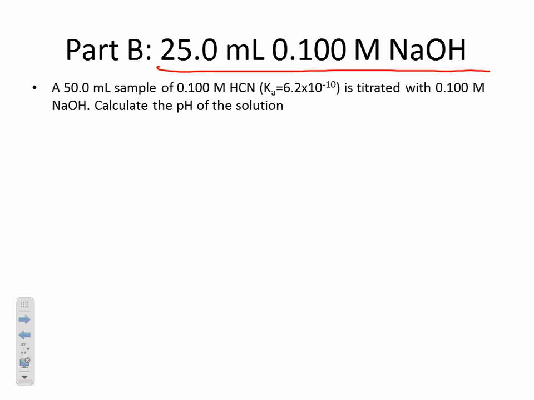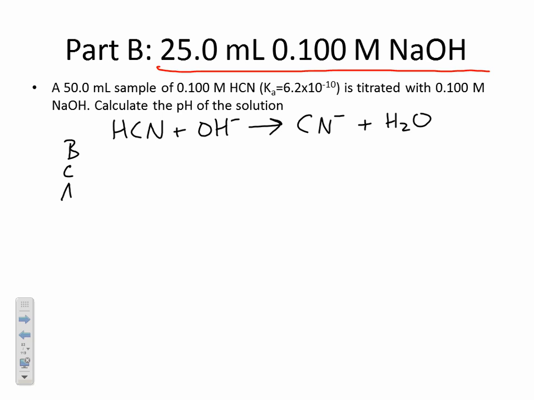Again, I want to start by writing the exact same reaction, that neutralization reaction, and I'm going to start with the BCA chart for the exact same reasons. I kind of want to work out what's in the flask, how much of it I have. So that neutralization reaction, HCN plus OH minus, again, this is one way, it's not in equilibrium, yields the cyanide ion plus H2O. And filling in the BCA chart.